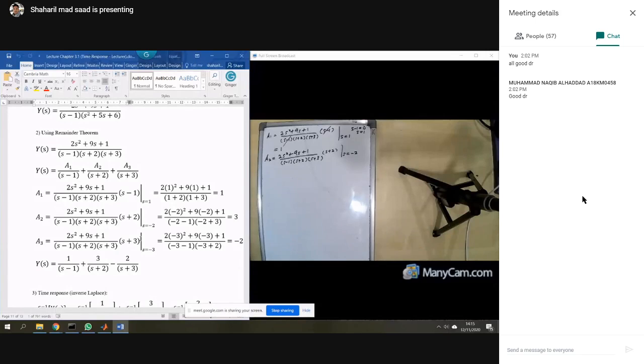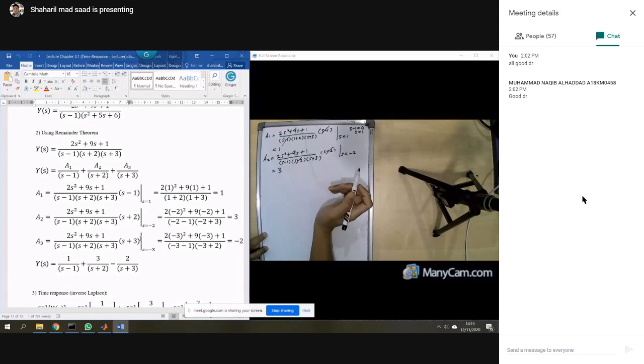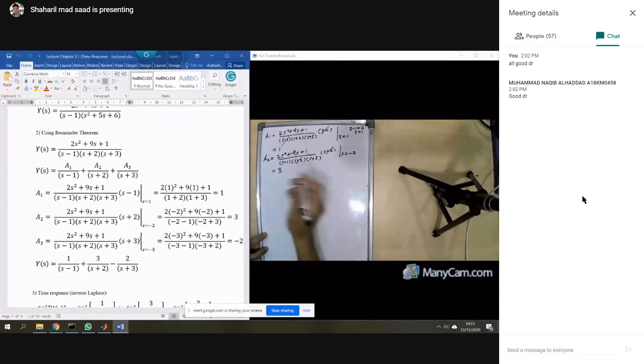So before you apply, you need to cancel out this denominator first, and then you apply. Minus 2 applied to s squared, right? Minus 2 applied to s, 9 times minus 2. Then you will get the answer equal to 3 for A2. And for A3, when you do the same thing, you will get minus 2.